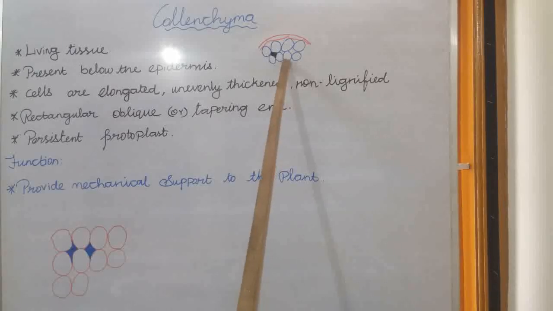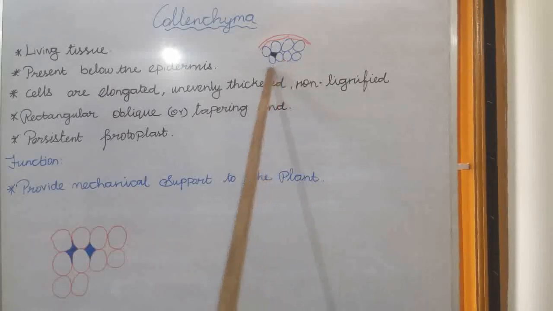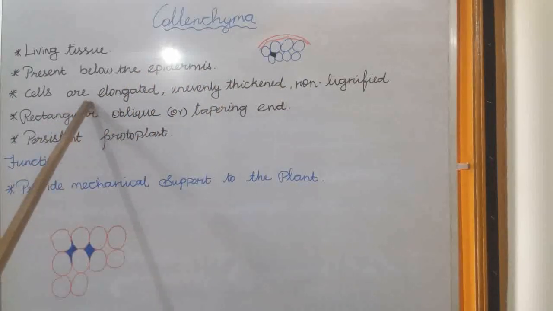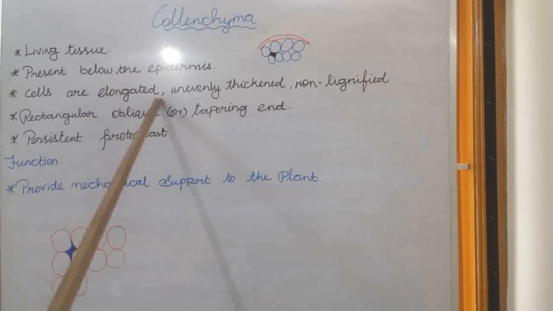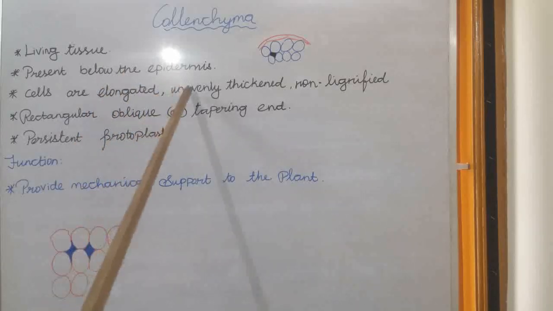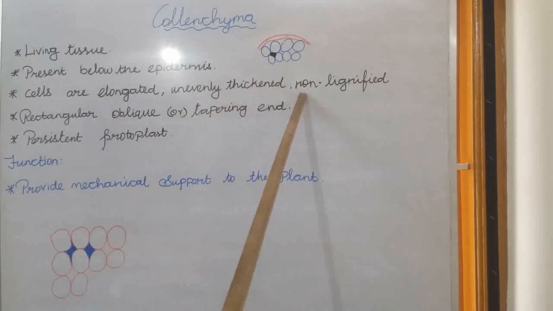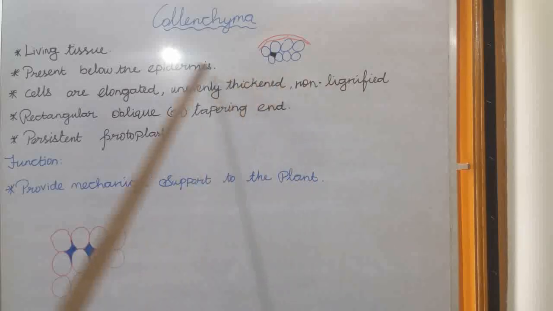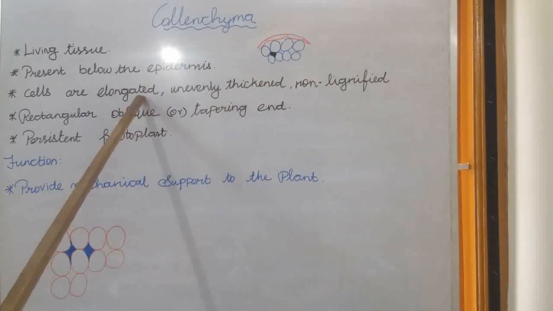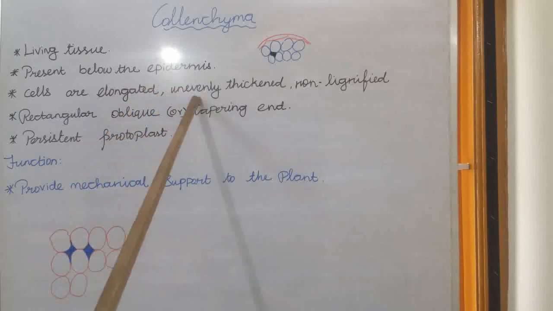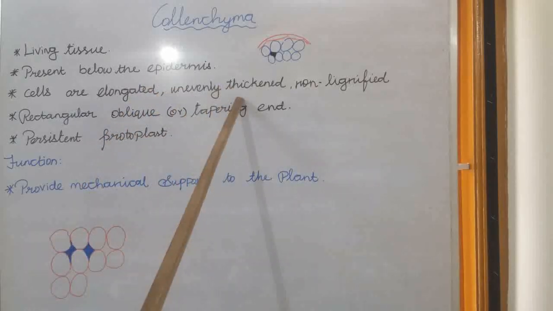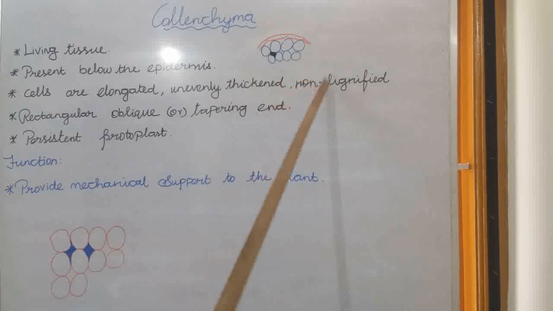This is the second character of collenchyma. Third, how do they look? The cells are elongated, unevenly thickened and non-lignified. Elongated means they have a lengthwise shape. Unevenly thickened cells, the thickening may be uneven.